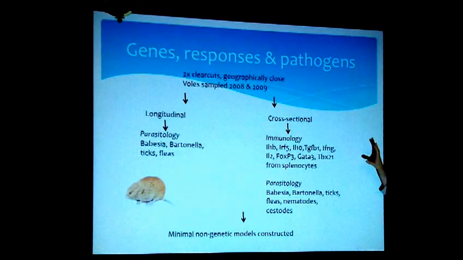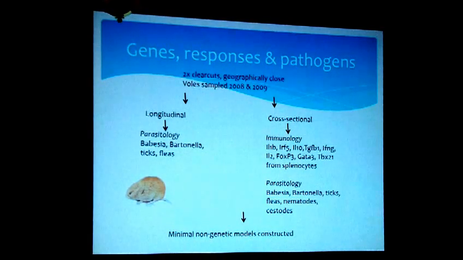It's quite hard to get a good measure of Th2 in here, for example, and that's just a feature of the fact that we're having to design primers at this stage and go from mice and rats to try to pick out these orthologs in field voles.